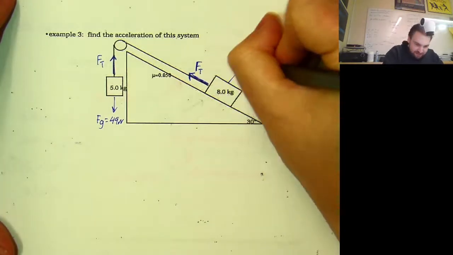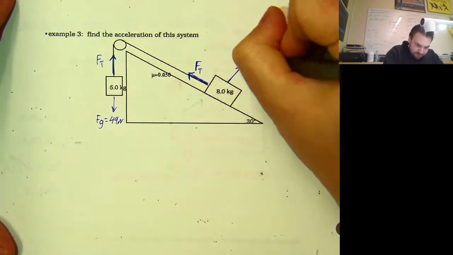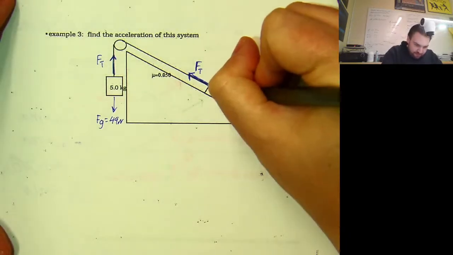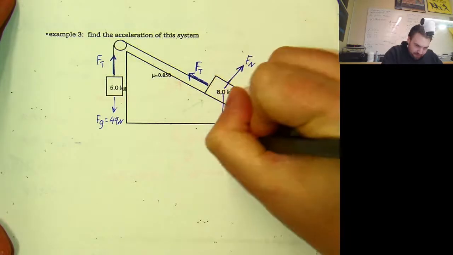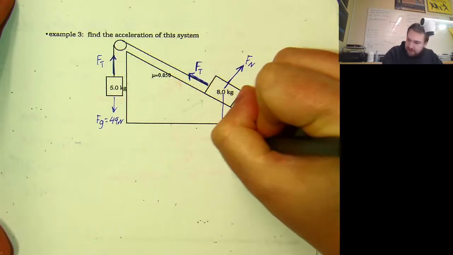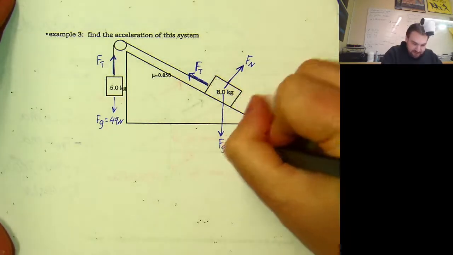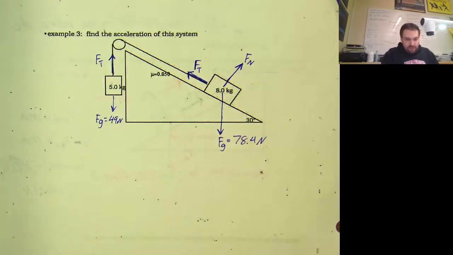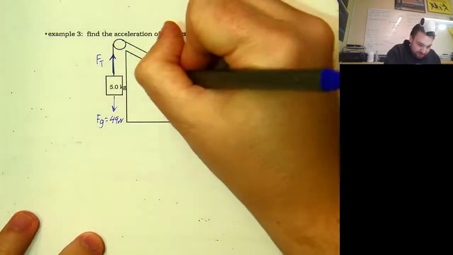This guy has an Fn acting that way, and an Fg acting that way. The Fg there is going to be 8 times 9.8, which is 78.4 newtons. I don't know which way gravity is acting, but we do know that there is gravity.